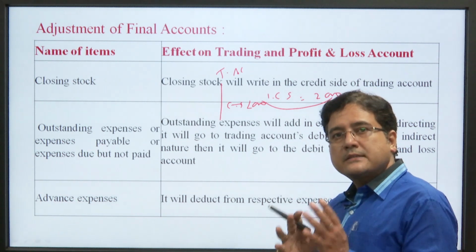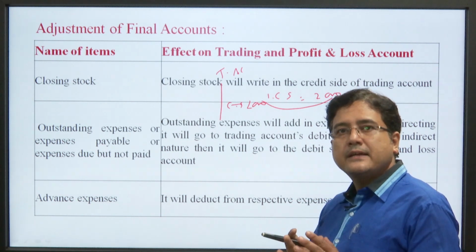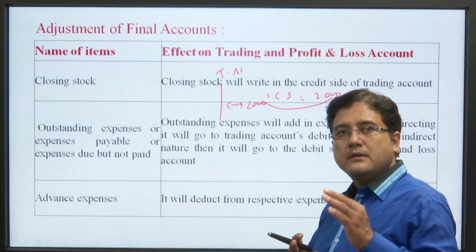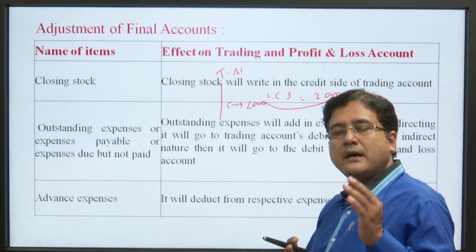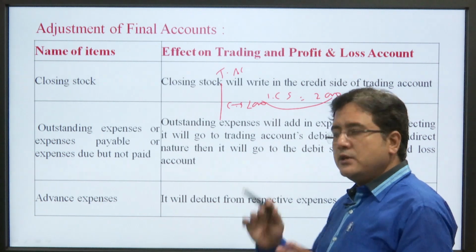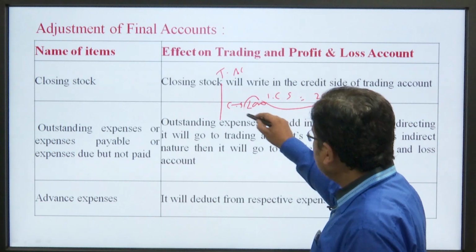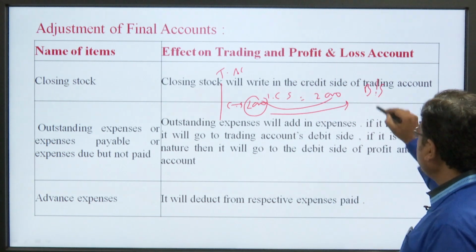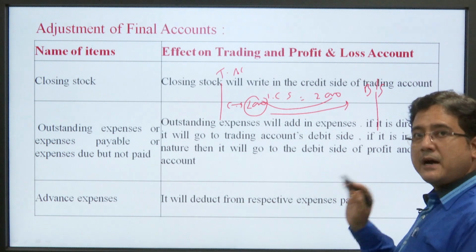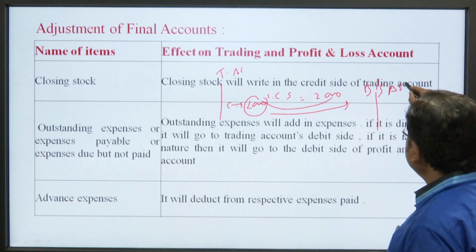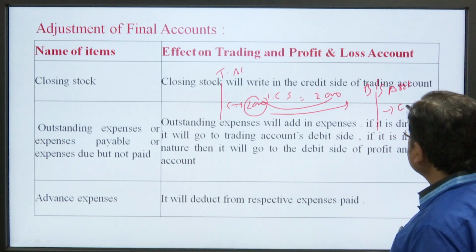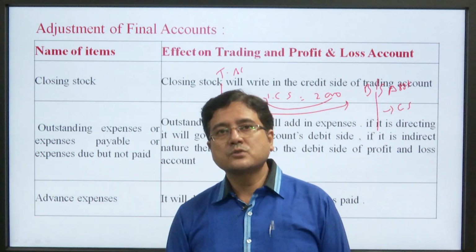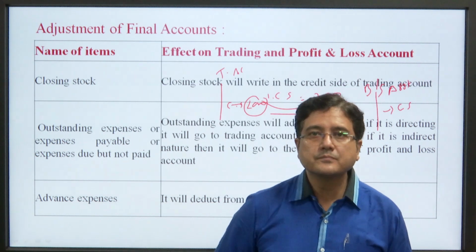Because there is a double entry system, every transaction has an impact on two sides, one in the accounts and second in the balance sheet. So the same amount is also entered in the balance sheet, where closing stock is a part of assets. So in the balance sheet we add closing stock on the asset side.